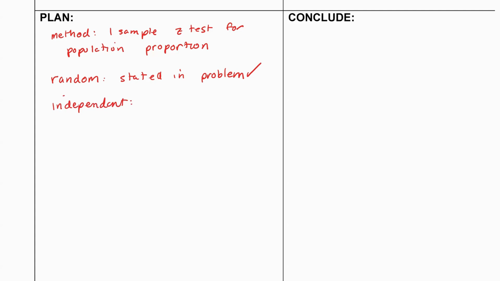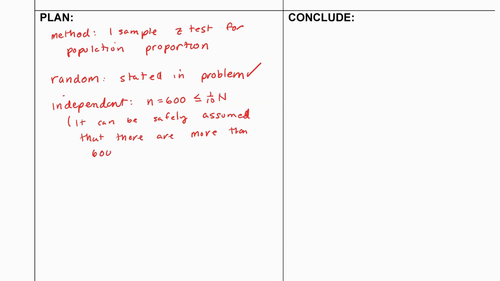That we have independence, that our sample size of 600 represents less than 1/10 of the population size, and we think it can be safely assumed that there are more than 6,000 American Idol fans.